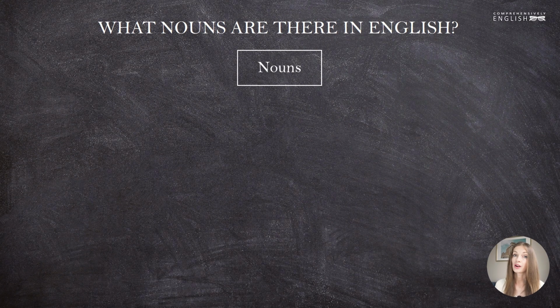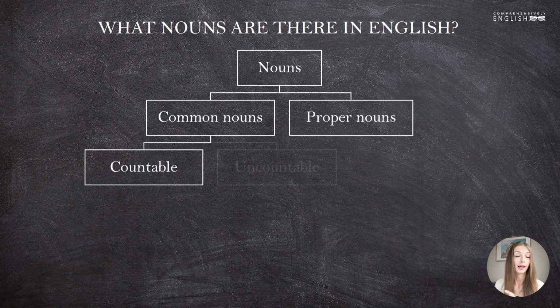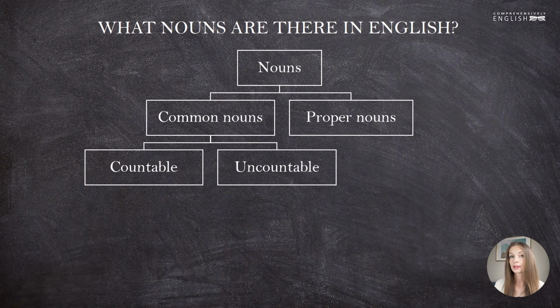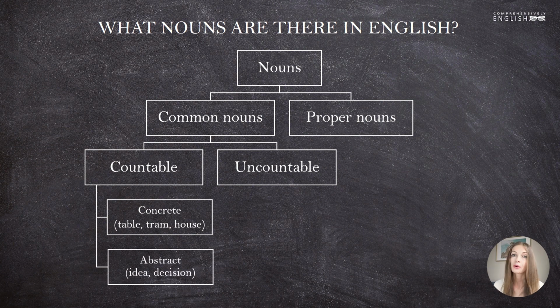So nouns can be divided into common nouns and proper nouns. Common nouns, in their turn, can be divided into countable and uncountable nouns. Countable nouns can be concrete and can be abstract. Countable concrete nouns are, for instance, table, tram, house.